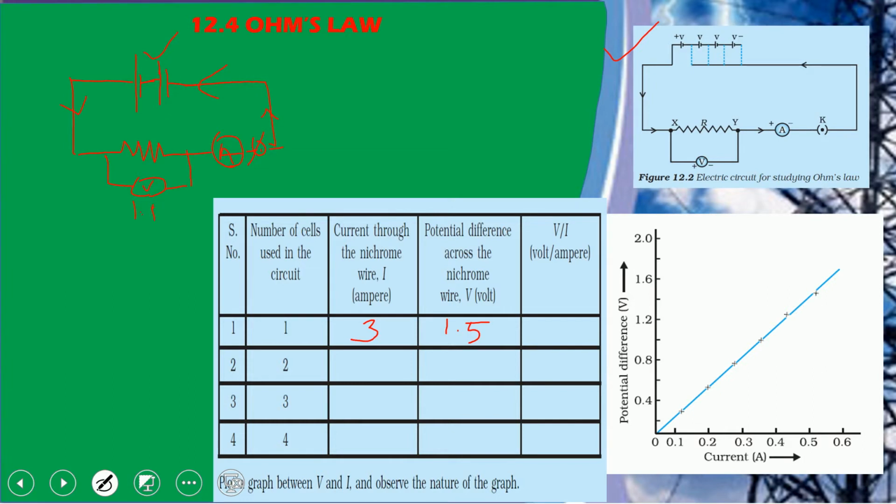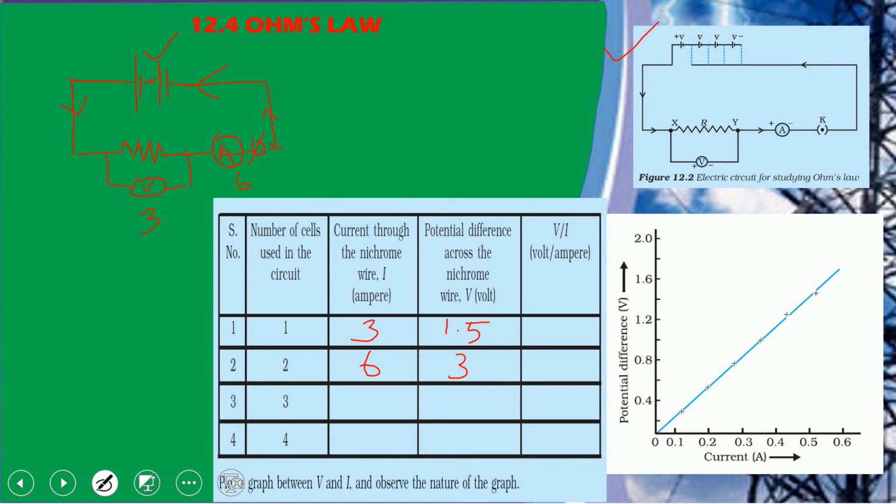The voltmeter reading and the ammeter reading will change. Suppose the voltmeter reading is now 3 and the ammeter shows 6.